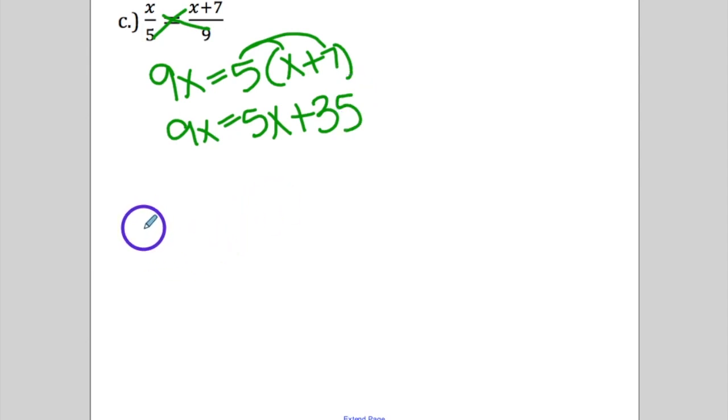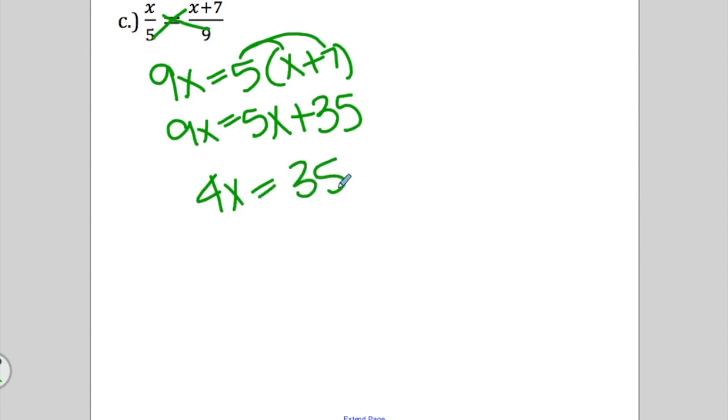And then we can subtract 5x from both sides. You don't necessarily need to show that work, subtracting 5x from both sides. Subtract 5x from both sides, and we're going to be left with 4x equals 35.